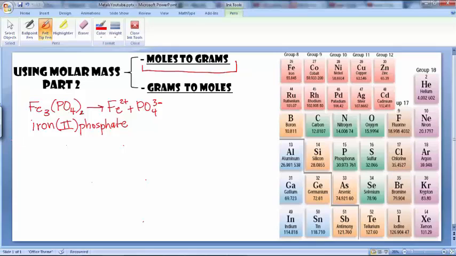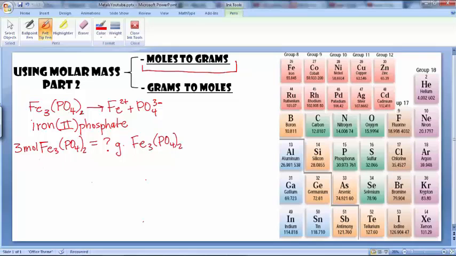Now, let's say we have 3 moles of iron 2 phosphate, and we want to know how many grams of iron 2 phosphate we have.